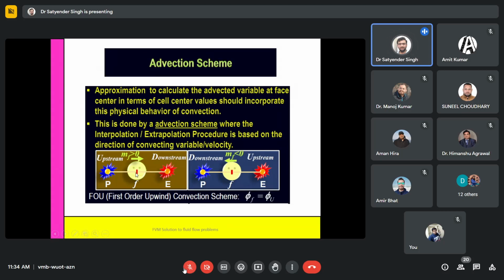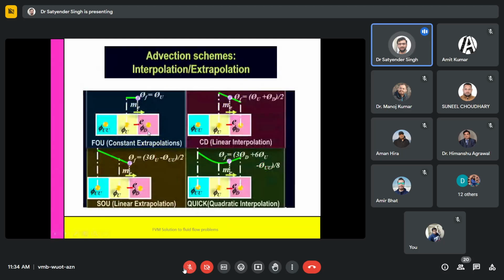For this particular point, we will be using some advection schemes, like first order upwind, then second order upwind, then central differencing, then the QUICK scheme. So what we do in all of them is assign weightage to the neighbor cell centers.